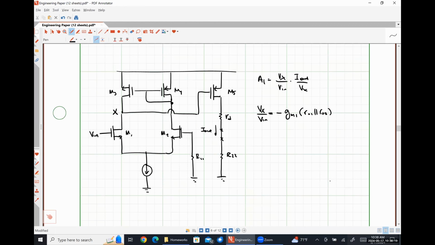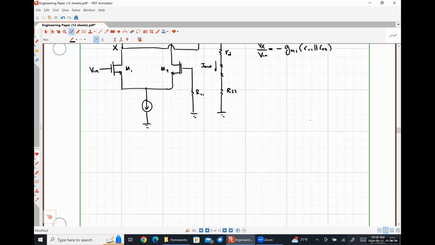To sort out what's going on with our PMOS secondary stage here, the thing that's driving that LED, let's apply a small signal model like we did previously. So here's our voltage, Vx.